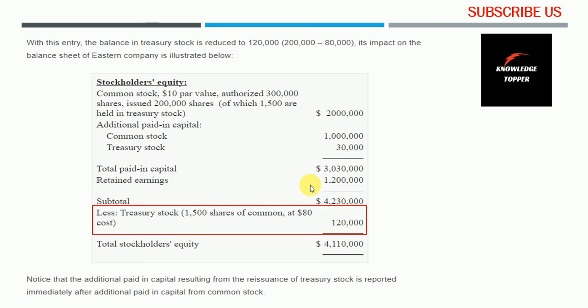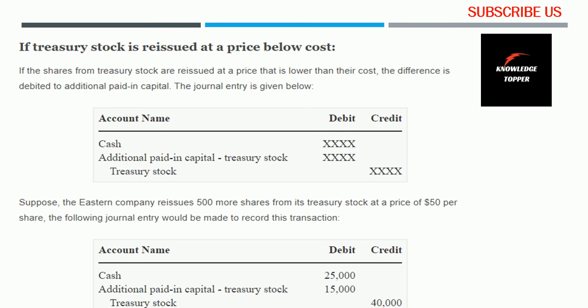Now moving towards when treasury stock is reissued at a price below cost. If the shares from treasury stock are reissued at a price that is lower than their cost, the difference is debited to additional paid in capital, almost the opposite of what we did in our second example. The journal entry is given below.